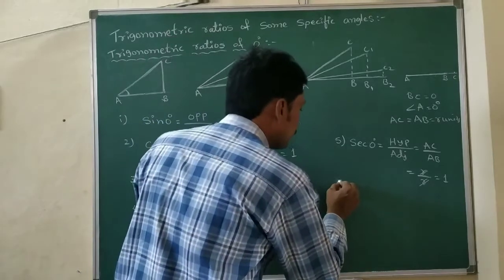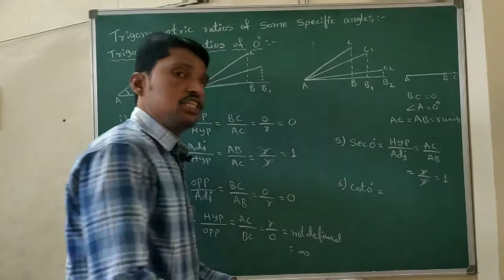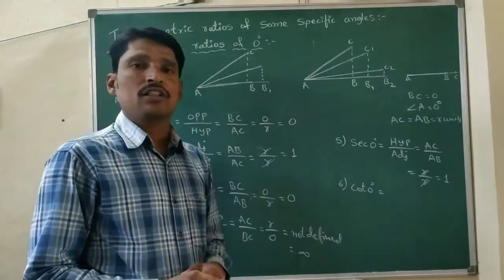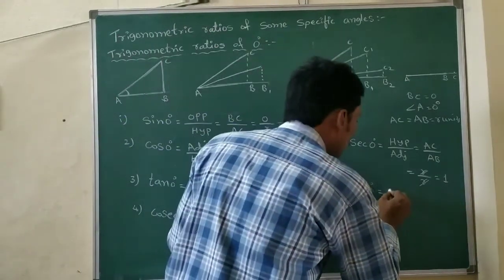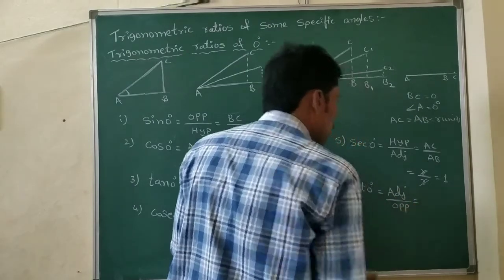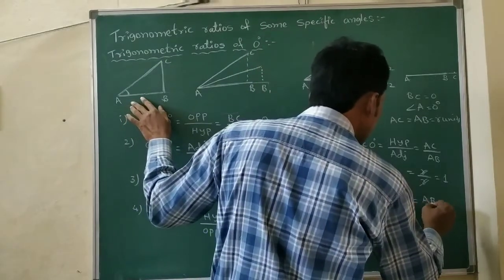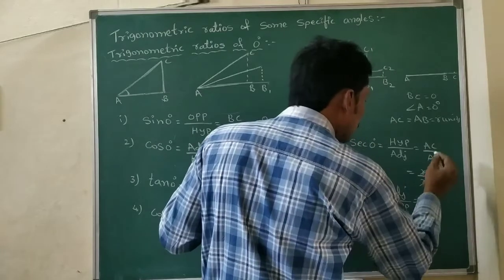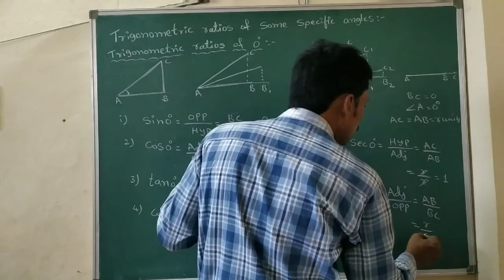Next, the last one, cot 0 degrees. What is cot? Adjacent side to angle 0 by opposite side to angle 0. AB is the adjacent, BC is the opposite. AB value we took as R, BC value is 0.